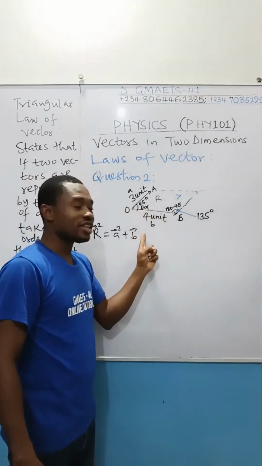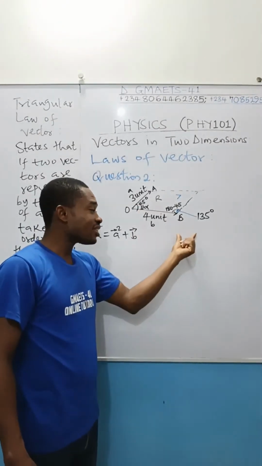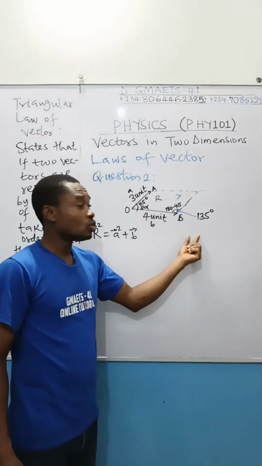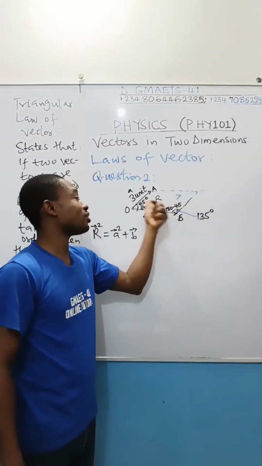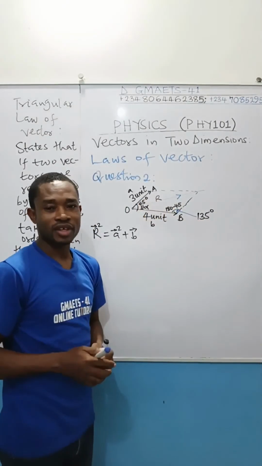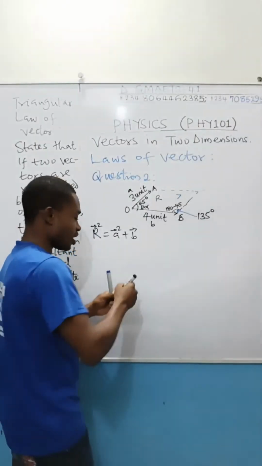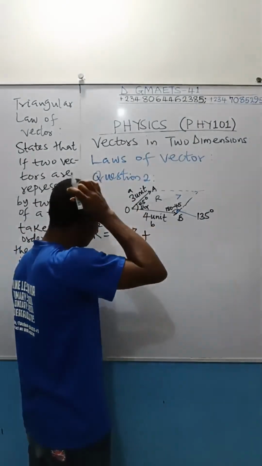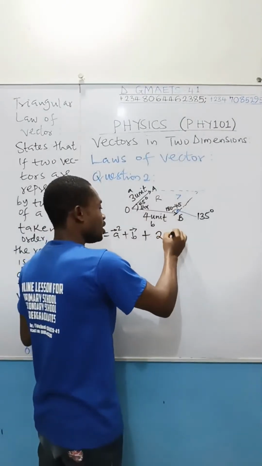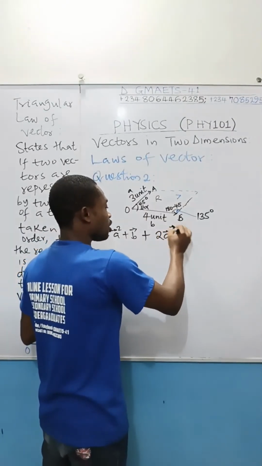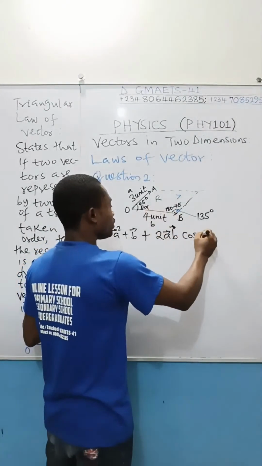But if you're using minus, the angle that the cos will be bearing will be 135, which is 180 minus this acute angle. Take note of that. Since they gave us the acute angle directly from the question, why stress myself? Plus 2AB and then cos of that angle 45.